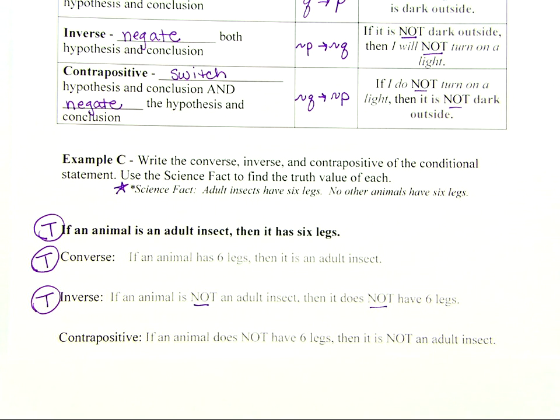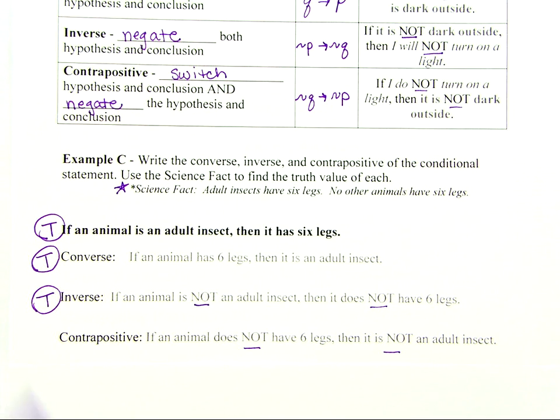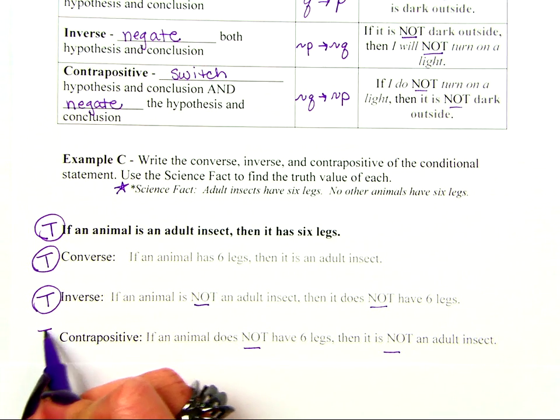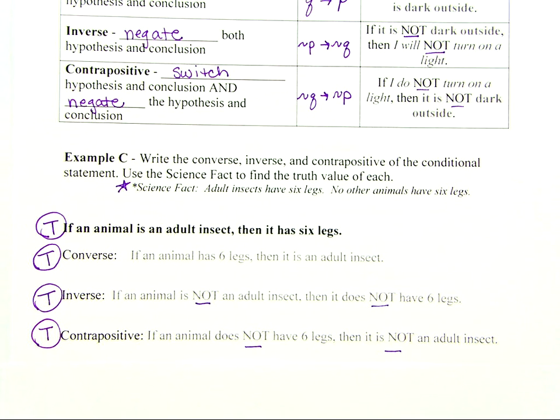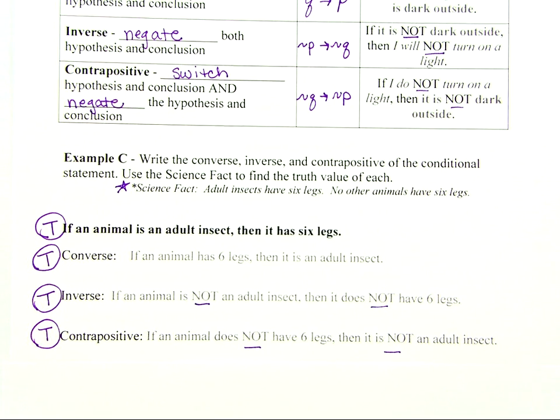The contrapositive, we switch it around and we negate it. So if an animal does not have 6 legs, it is not an adult insect. That is also true. So in this example, all 4 of our statements end up being true. That is not always the case. Let's look at a couple more.